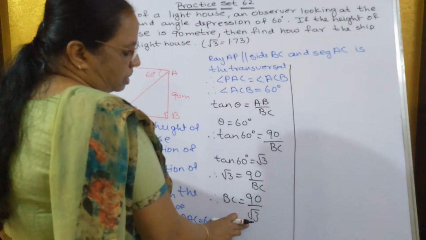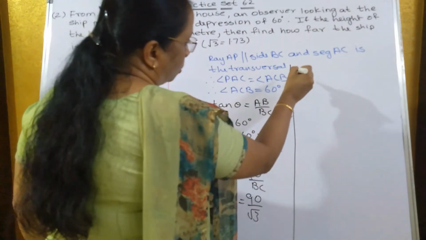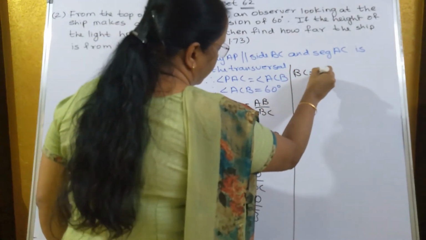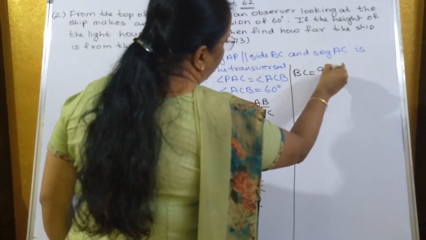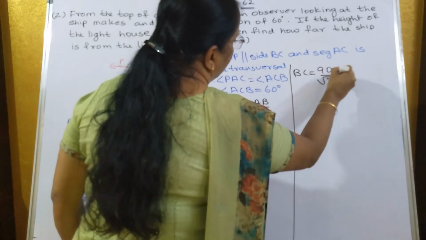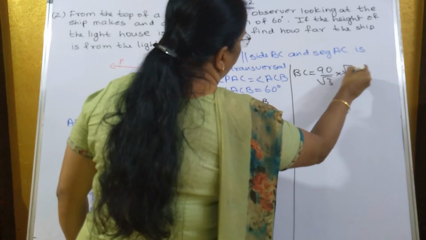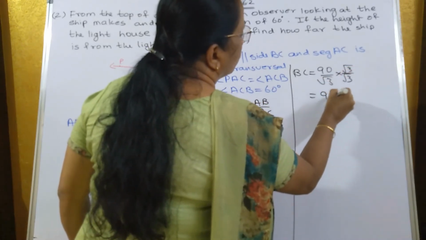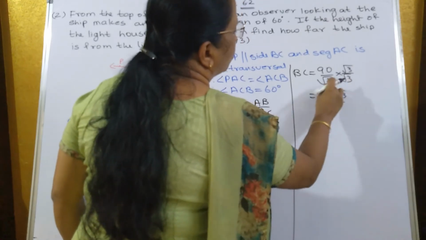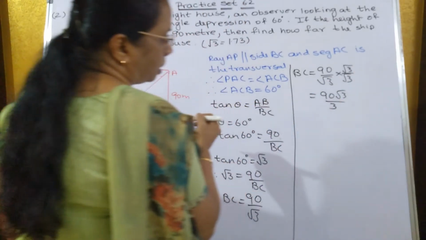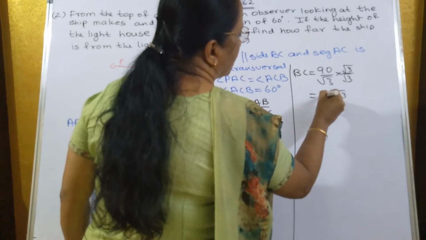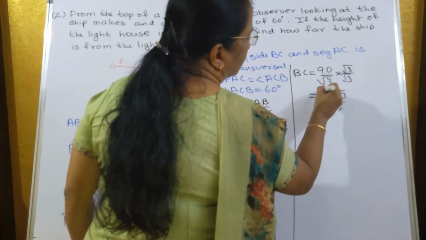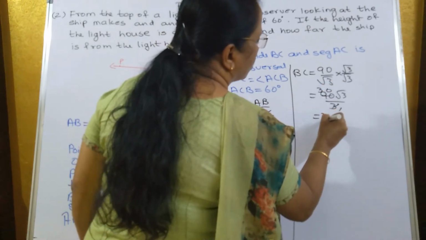Now since there is a root in the denominator, rationalize the denominator. So that's equal to 90 upon root 3 into root 3 upon root 3. So that's equal to 90 root 3, and root 3 into root 3 is 3. Now 3 thirties are 90, so that's equal to 30 root 3.